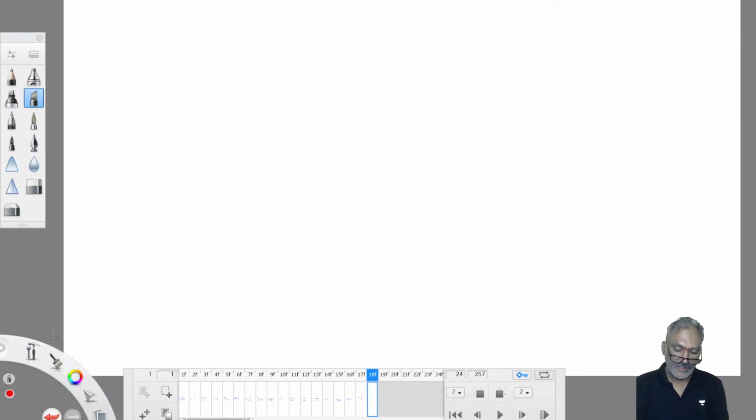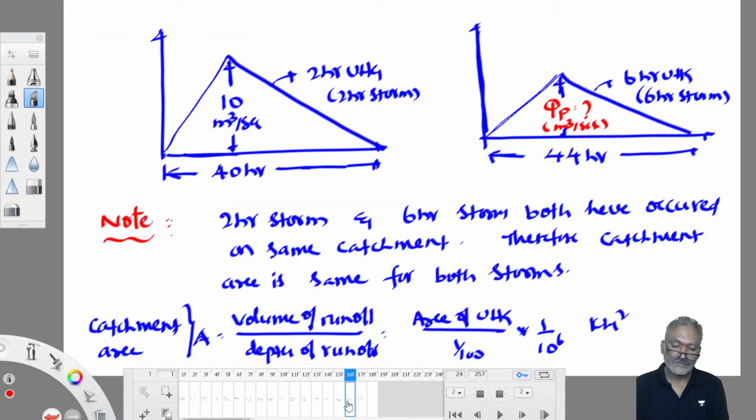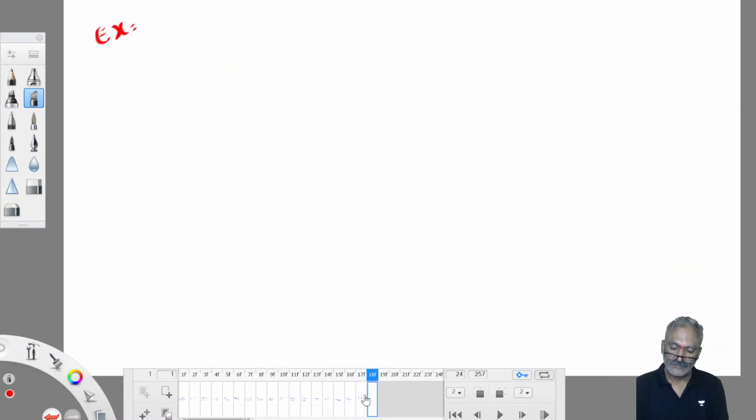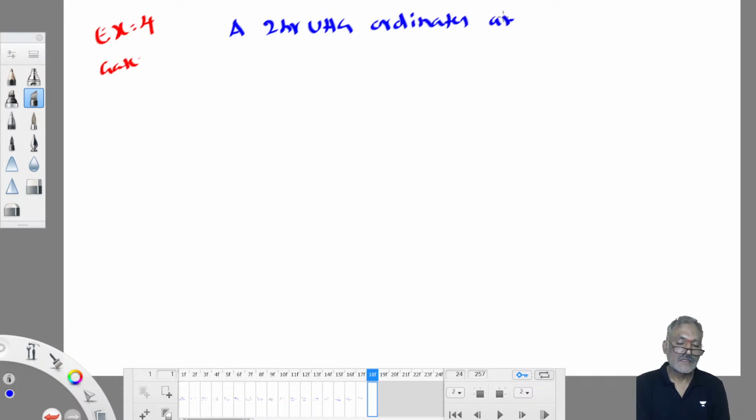This example, I think it is 4. It's an old GATE question. So what is given to you is a two-hour unit hydrograph, whose ordinates are given below.